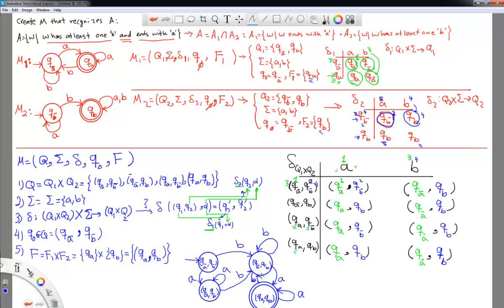And since I could construct a finite automaton that accepted the union of the two languages, then the union of these two languages is regular. In fact, from this point forward, if I give you a language and you can break it down to the intersection or the union of two languages and show that those two languages are regular by giving an automaton for them, then you have proved your machine.